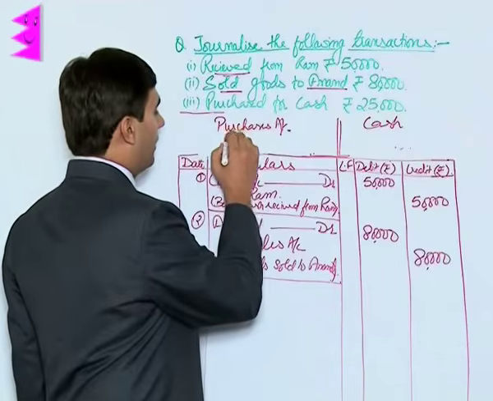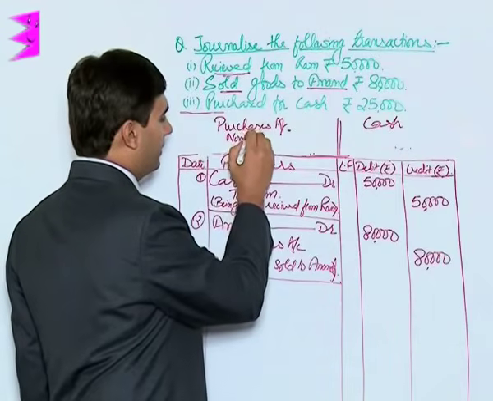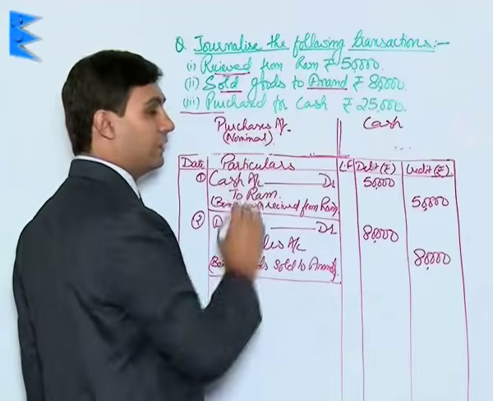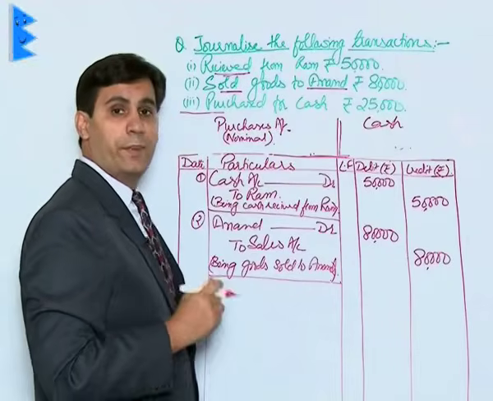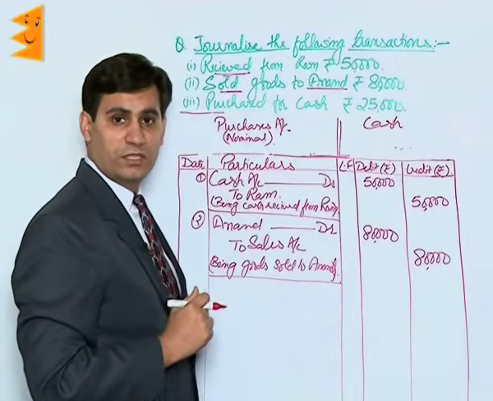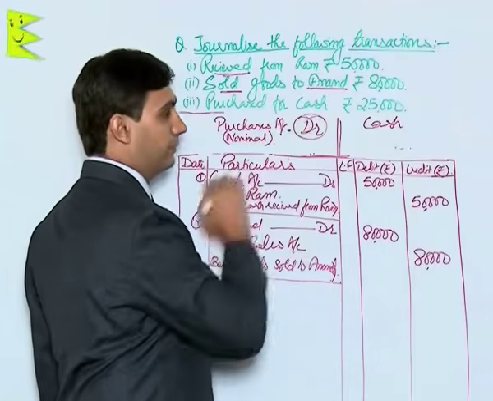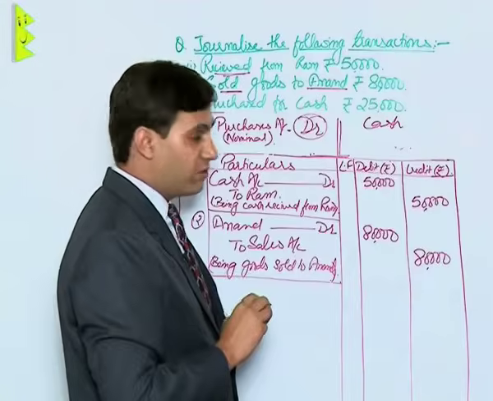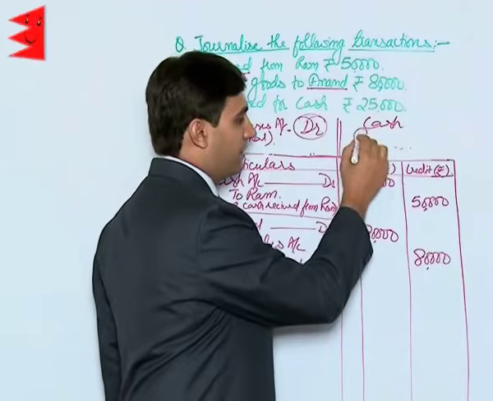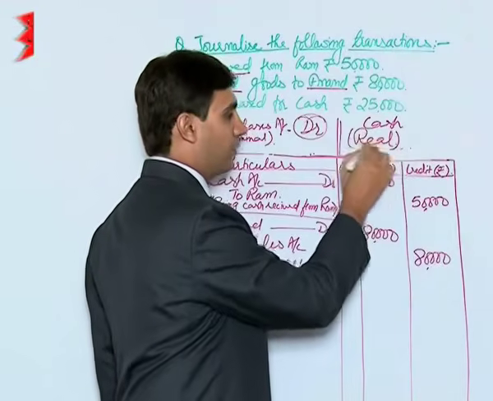Purchases account is a nominal account. It's an expense. And the rule for nominal account is debit all expenses and losses. Since it is an expense, it should be debited. Coming to cash, cash is an asset. Since cash is an asset, it is a real account.